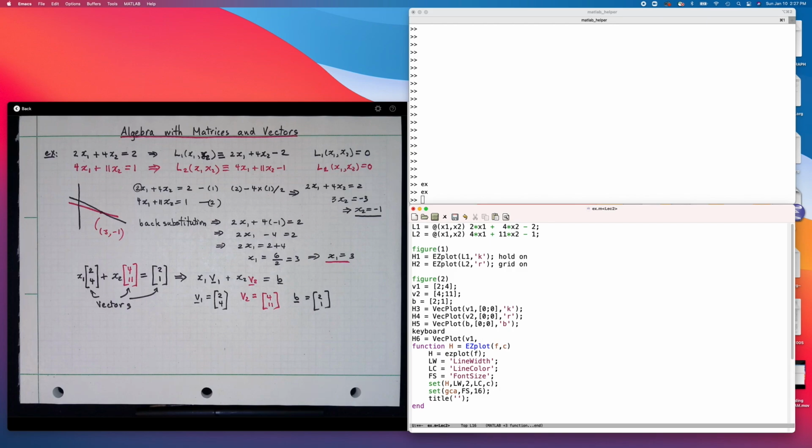So that is v1. And if I plot it again, times v1, and then I can plot, actually I don't need all these handles. Let me get rid of these, they're messy.